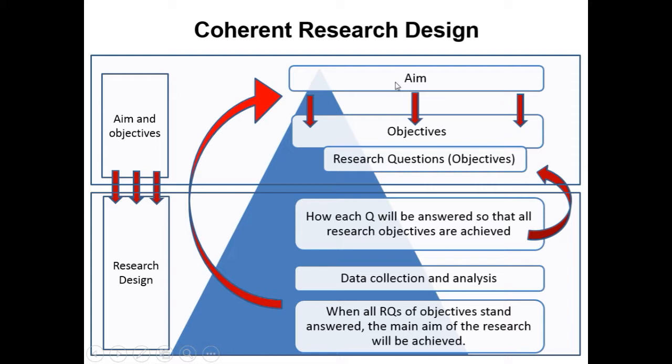Then aim is usually broad. So in order to make it more researchable, you usually have few objectives which are defined by your aim. So if you achieve these objectives, you achieve your aim.